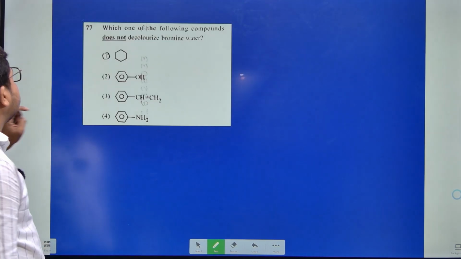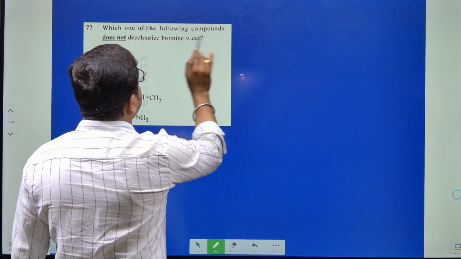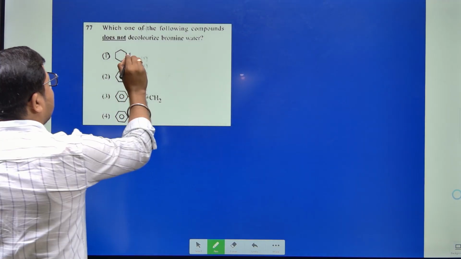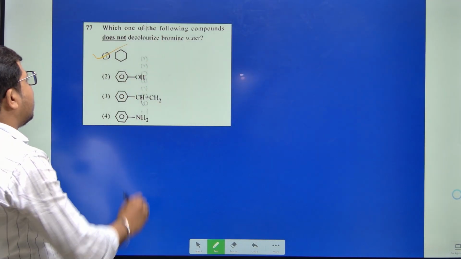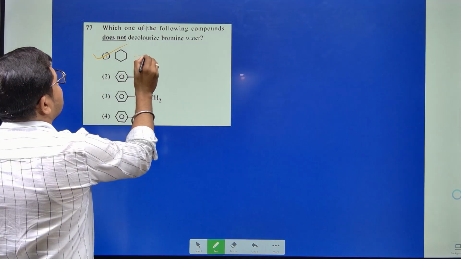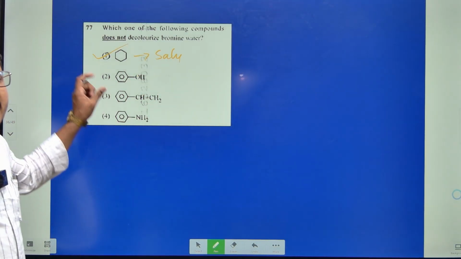Let's move to question number 77. Which one of the following compounds does not decolorize bromine water? This is a direct question, and the direct option is option number 1. See here, this is a saturated hydrocarbon, all others are unsaturated hydrocarbons with aromatic rings.